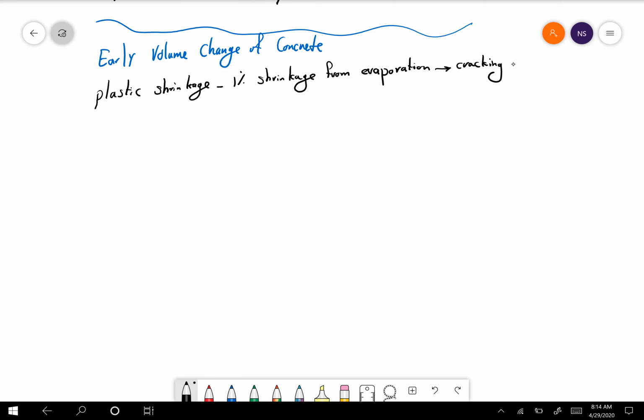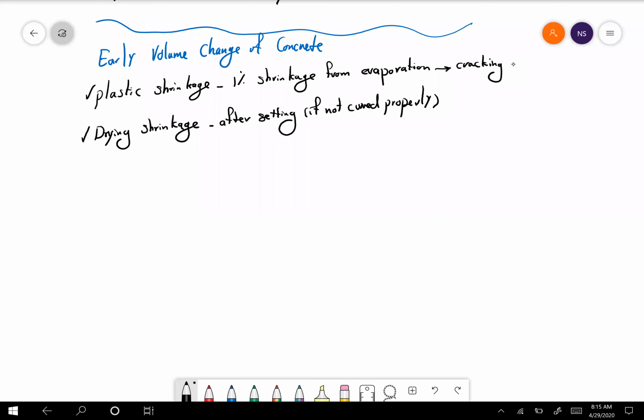And then there is a second type that we call drying shrinkage. That happens after the concrete starts to set, so after setting, if it is not cured properly.